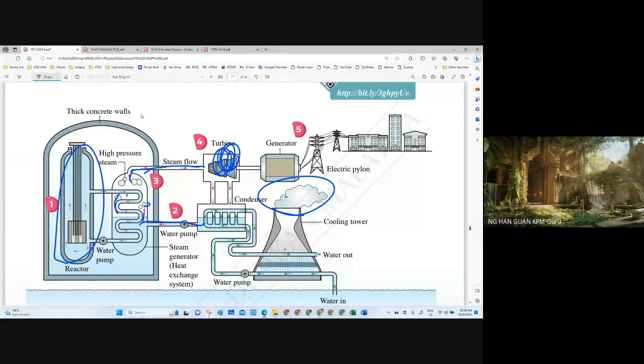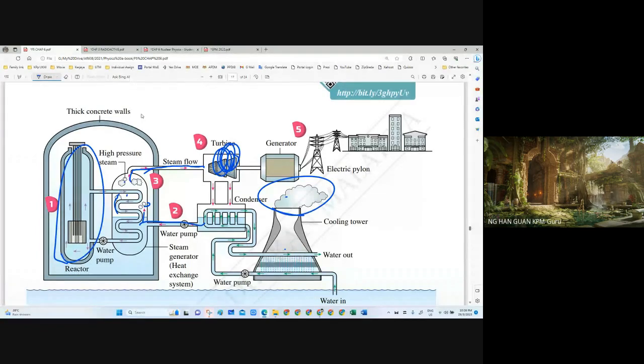Due to that, normally all nuclear reactors are built next to a source of water. Usually they build at the seaside because they use the seawater as a source for the cooling tower.